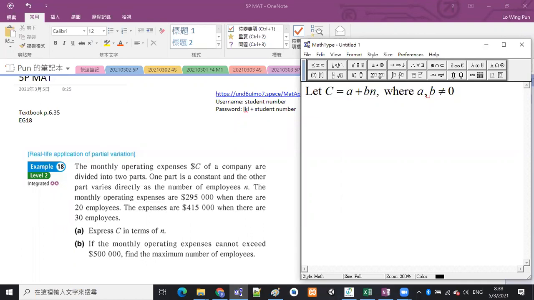And then we are going to find groups of numbers from the question. The monthly operating expenses are $295,000 when there are 20 employees.